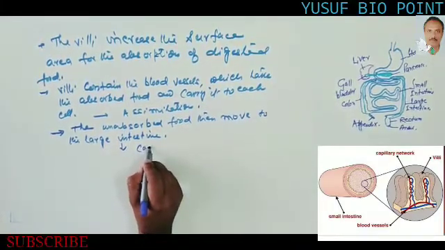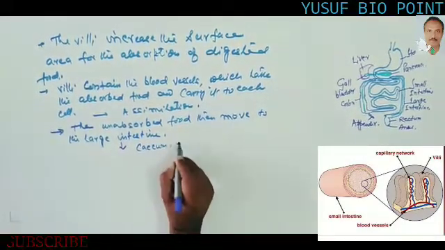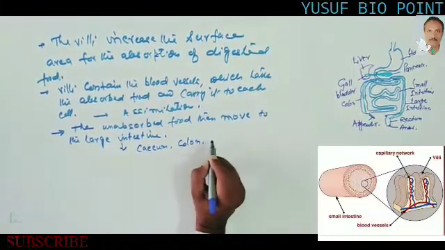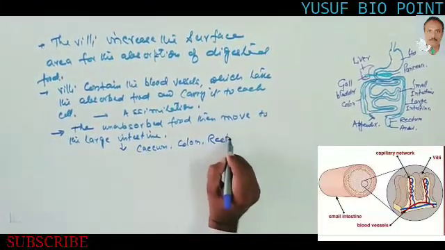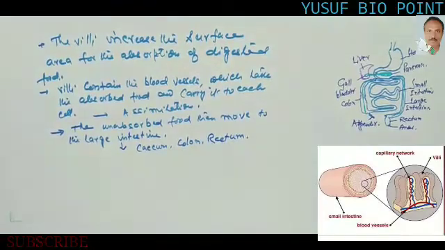One is cecum, colon, rectum. This is the cecum, and this is the colon that you see. The colon in one position is ascending, that is the ascending colon.